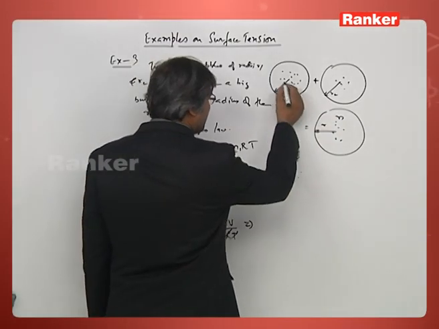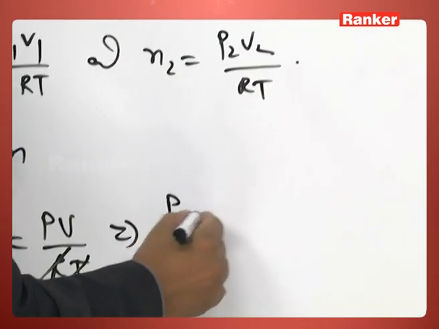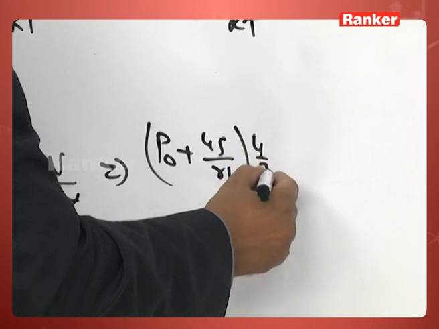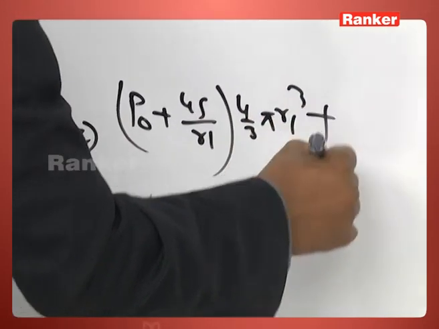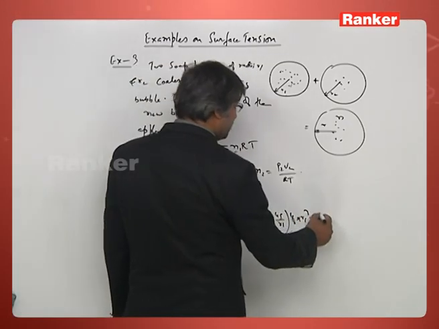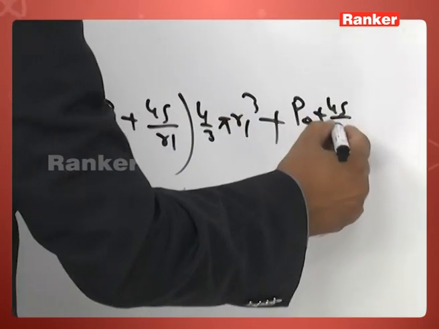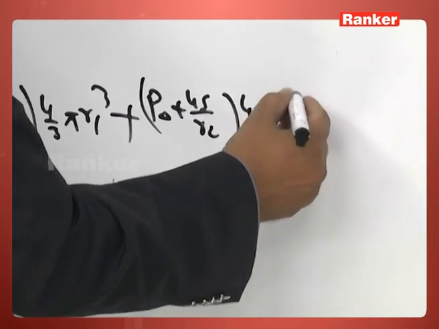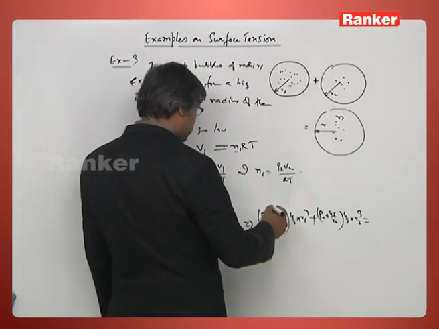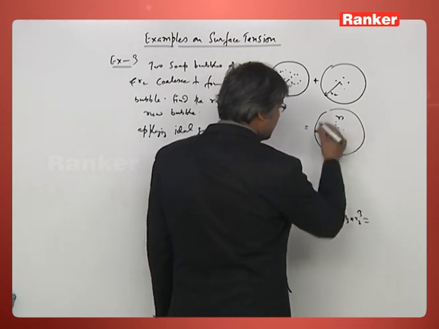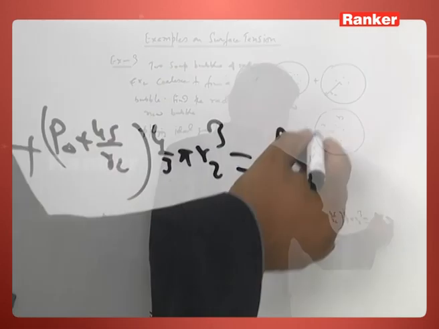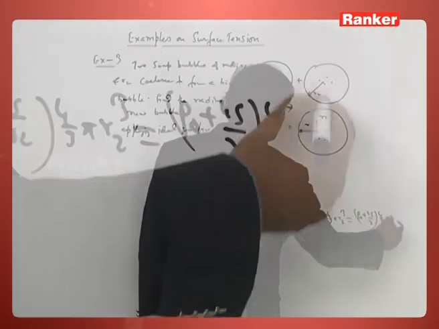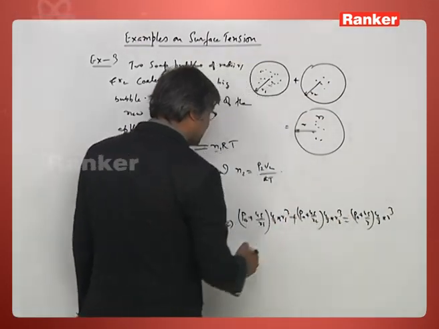P1 is the pressure inside it. This is P0 plus 4S by R1 into 4 by 3 pi R1 cube plus P2 V2. P2 is P0 plus 4S by R2 into 4 by 3 pi R2 cube is equal to the pressure here, P0 plus 4S by R into 4 by 3 pi R cube. So you see 4 by 3 cancels out.